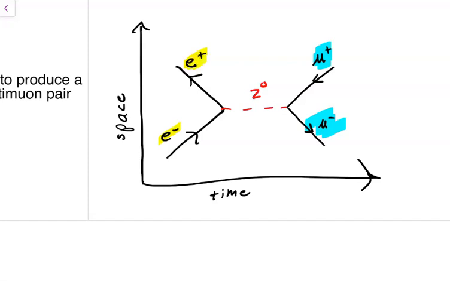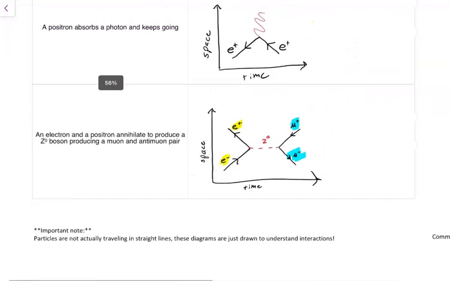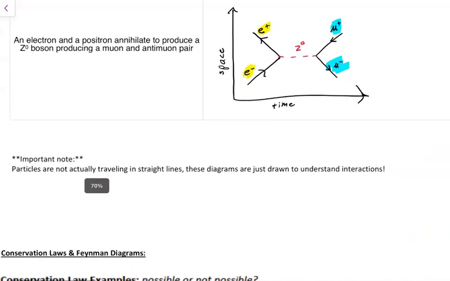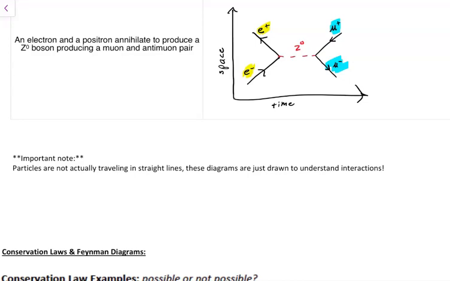That's because when working with particles, antiparticles and neutrinos, these are called families, where electrons and electron neutrinos tend to stay together, muons and muon neutrinos tend to stay together, and the tau electrons and the tau neutrinos also stay together. Okay, so we've got some practice. An important note, like I said before, the particles are not actually traveling in straight lines.